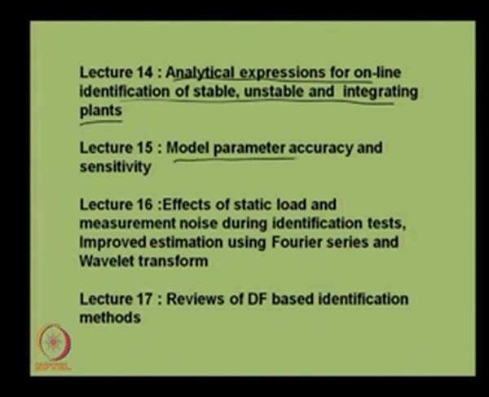Next, model parameter accuracy and sensitivity will be discussed in lecture 15. These two things are very important: whether our identification schemes are giving us the desired results or not can be ascertained from the study of accuracy and sensitivity of the identification methods.